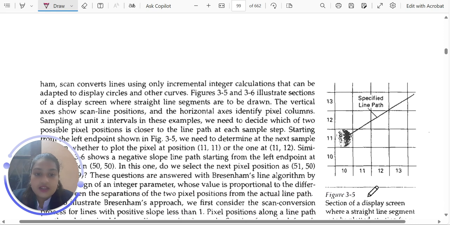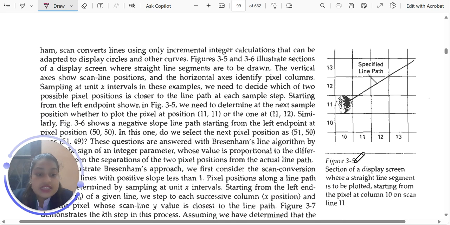Now in this figure, this is a section of a display screen where a straight line segment is to be plotted, starting from the pixel at 10 on scan line 11. This is the specified line path. This figure illustrates sections of a display screen where straight line segments are to be drawn.